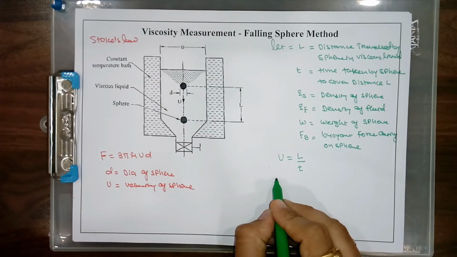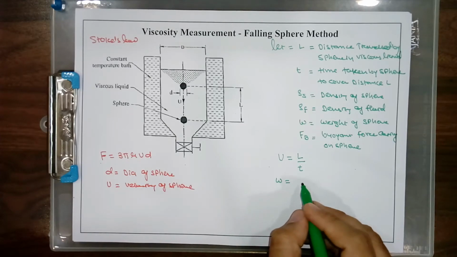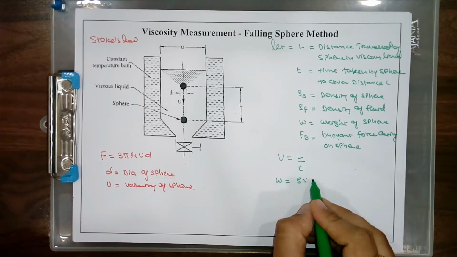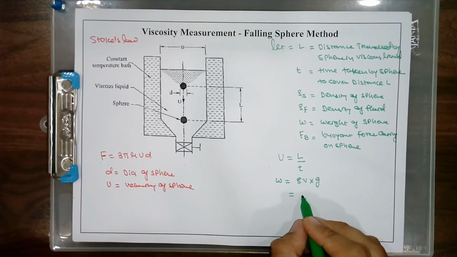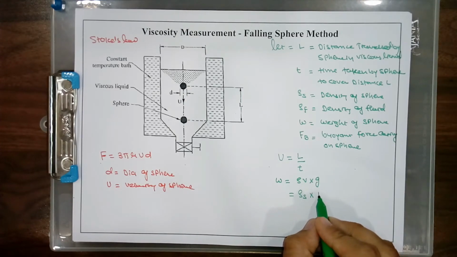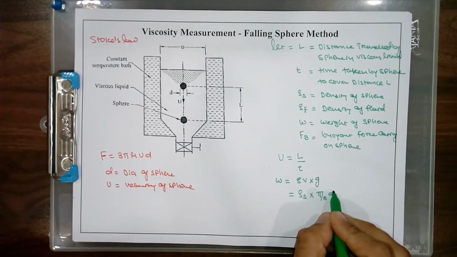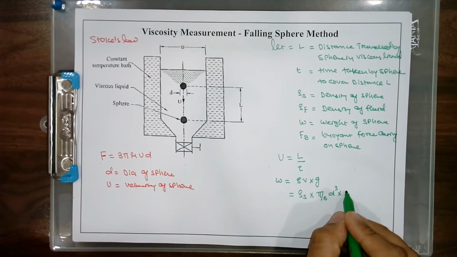Now we also know that W, the weight of the sphere, equals rho V g. Taking rho as rho S for the sphere, and the volume as pi by 6 d cubed, W equals rho S into pi by 6 d cubed into g.